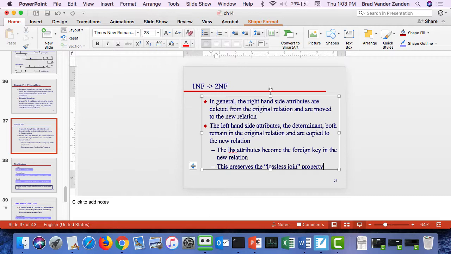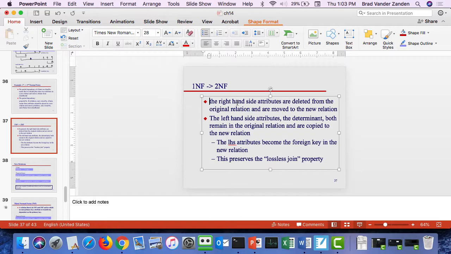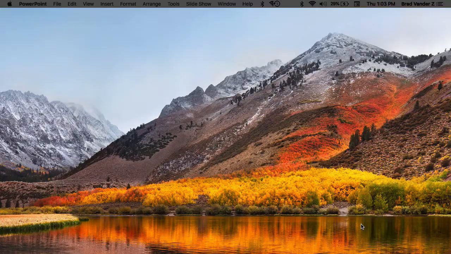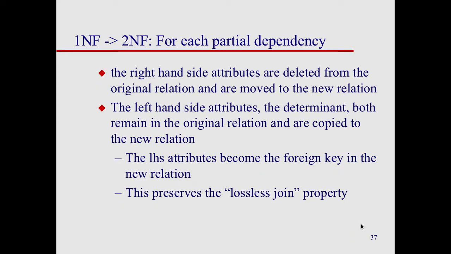So that's the general rule for what you do when you go from first to second normal form. So in general, for each partial dependency, the right-hand side attributes are deleted from the original relation, they move to a new relation.